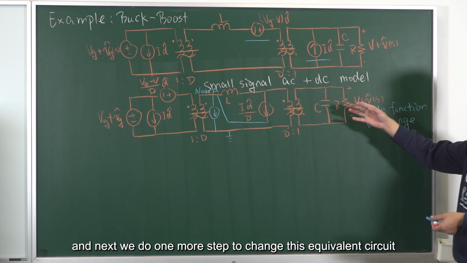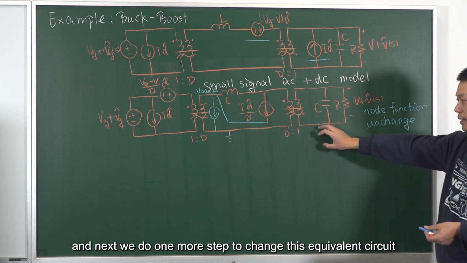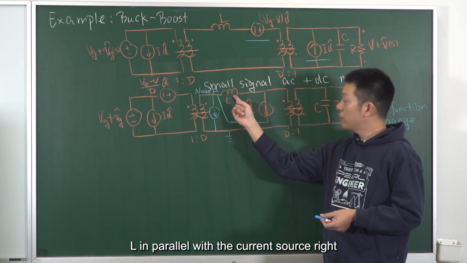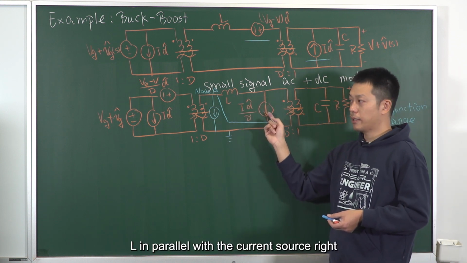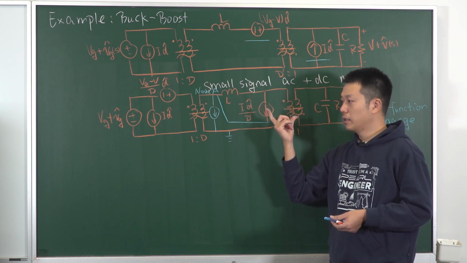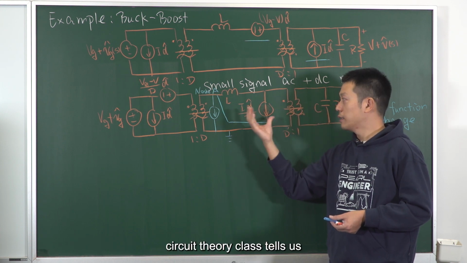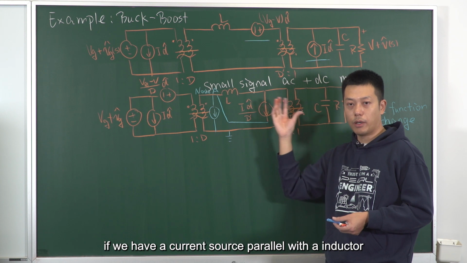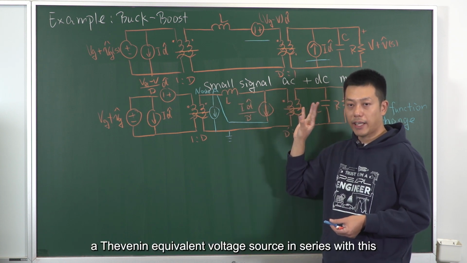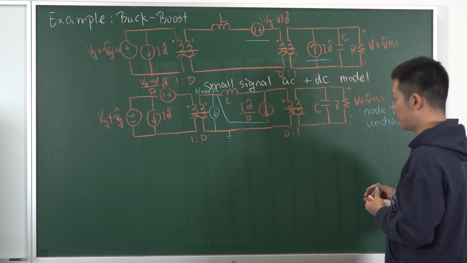And next, we do one more step to change this equivalent circuit. We look at the L in parallel with the current source. Our circuit theory class tells us that if we have a current source in parallel with an inductor, they can be modeled by a Thevenin equivalent voltage source in series with this inductor.